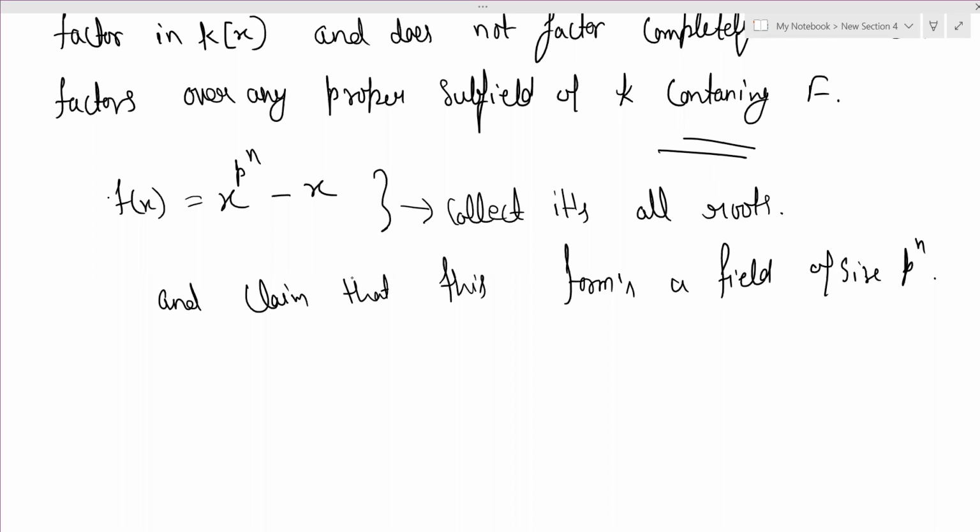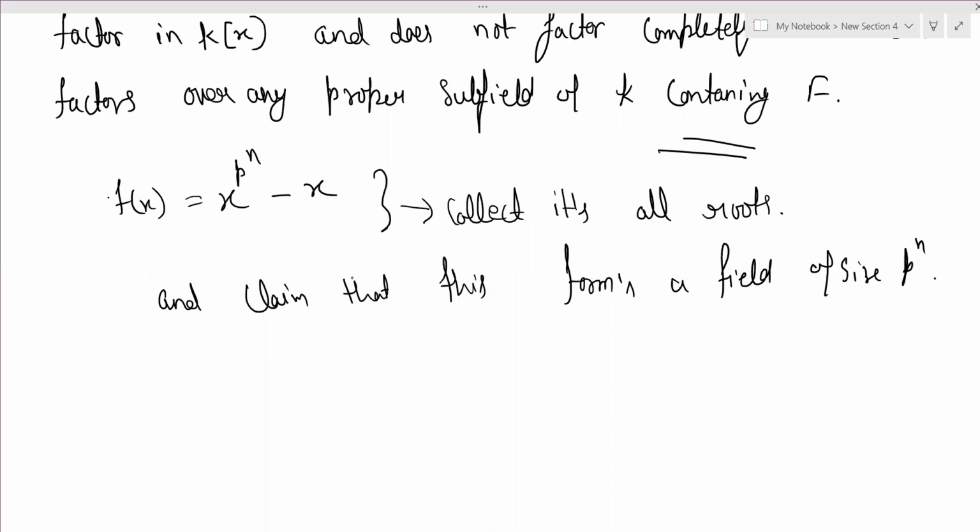Sir, P is prime here now. So the roots which we get will be distinct. Why will we get distinct roots? P is prime, so what? Are you getting what I want to say? I gave you a polynomial x^(p^n) minus x in Q[x].